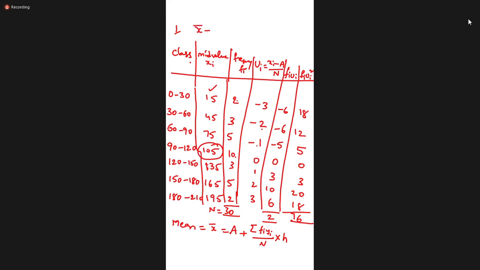So x bar is equal to 105 plus sigma fi ui into 30, so 107. This is the mean of the given data.